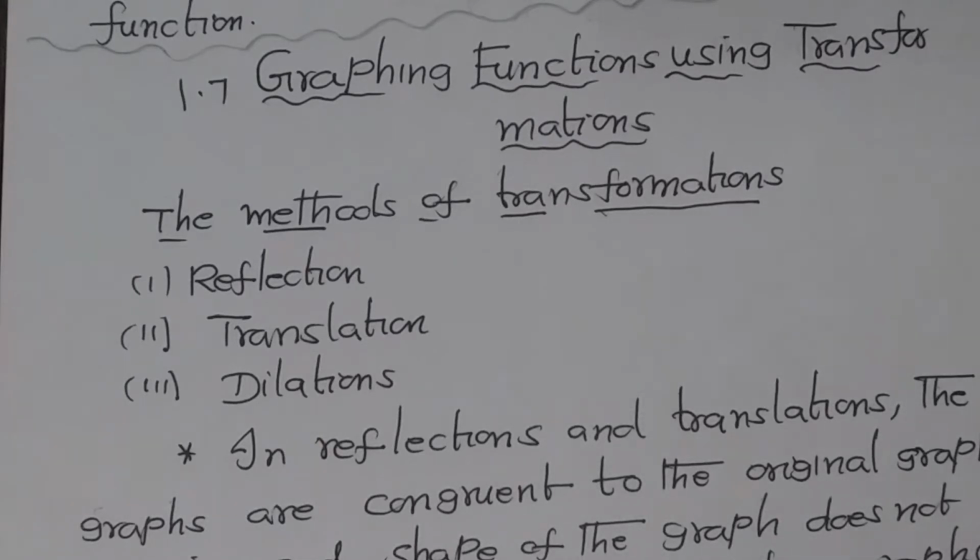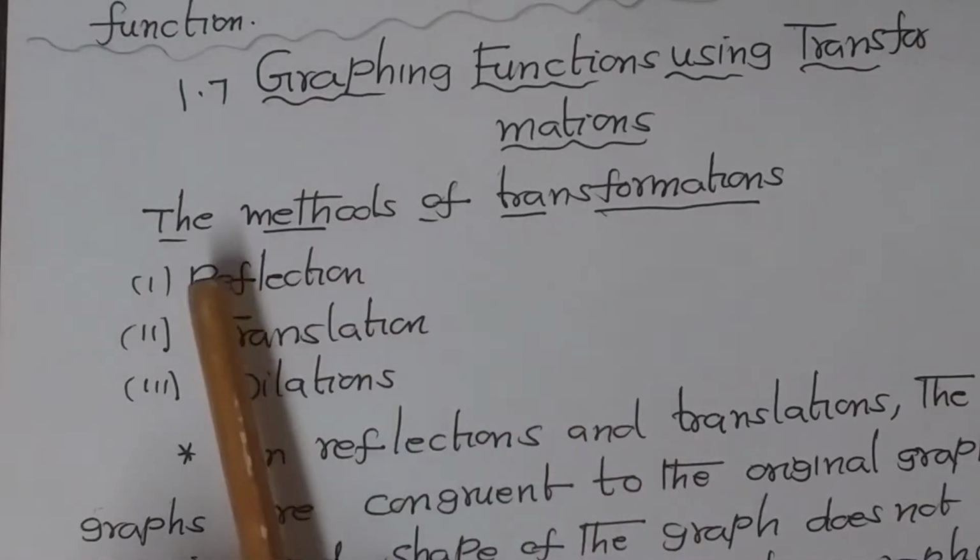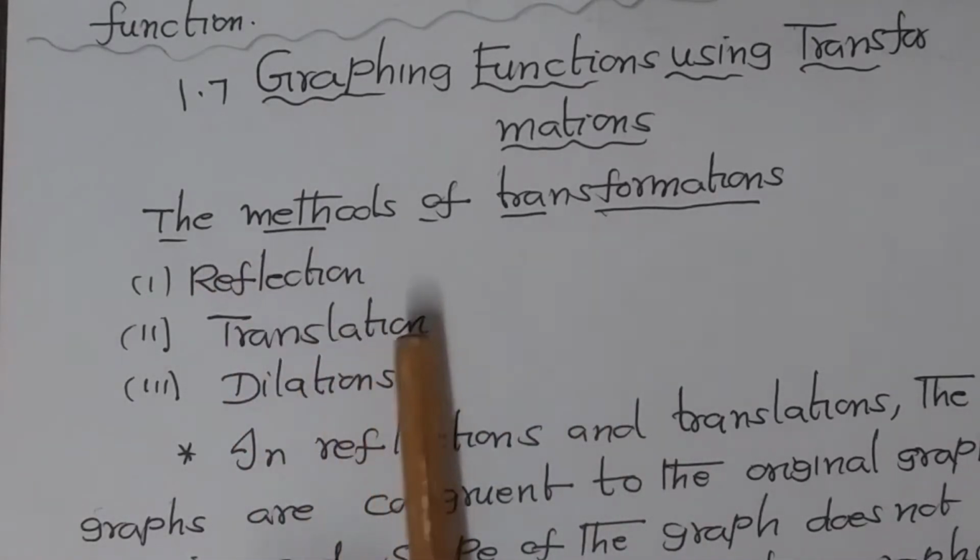For this introduction I am going to make 3 videos, students. First part is about the reflection, second part about translation, third part about dilation. So the 3 methods of transformations are: first reflection, second translation, third dilation.